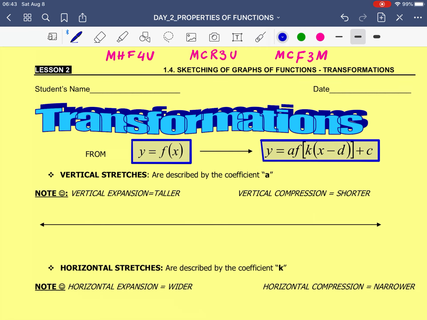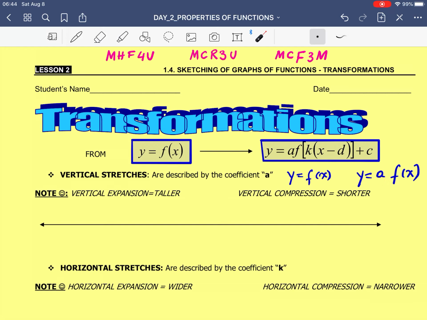Let's get started with the first coefficient, the coefficient a. When a function has undergone transformations caused by coefficient a, it means that the function goes from y equals f of x to y equals a times f of x. Now remember that f of x is just another name for y, and when you multiply f of x by a, it means that you're multiplying the y variable by a.